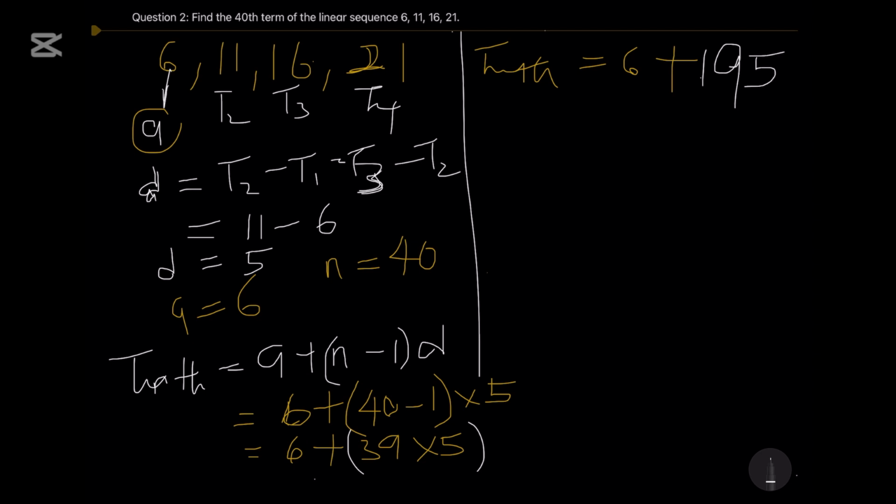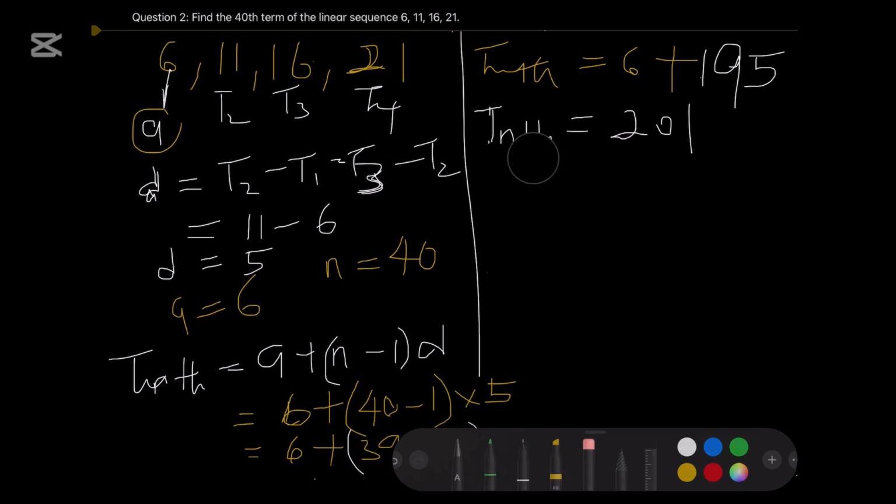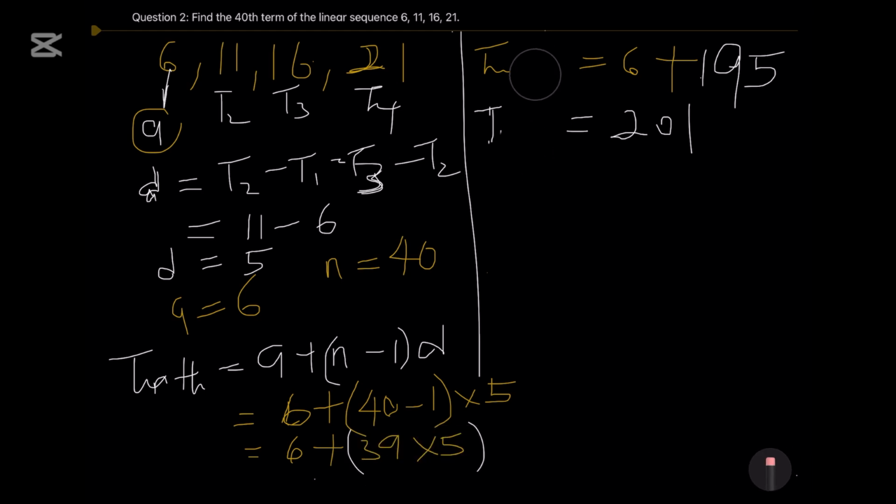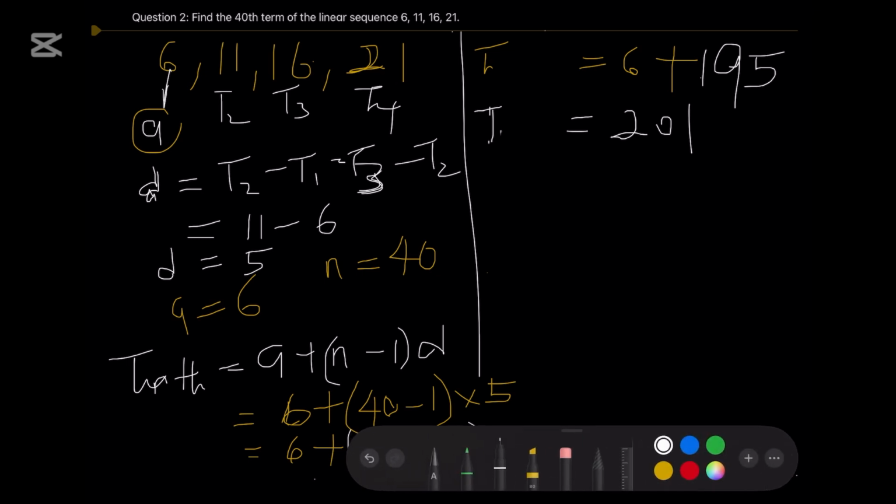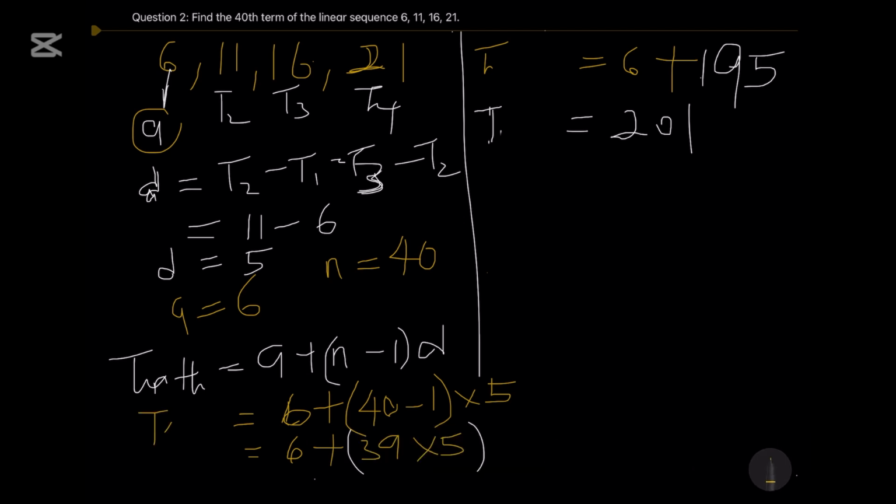So adding our 6 plus our 195, we have the sum of 201. That is T40, sorry, no longer Tn, it should be T40. So the 40th term is 201. As simple as that.